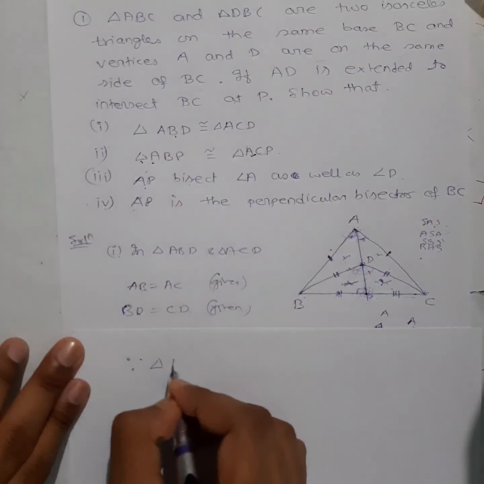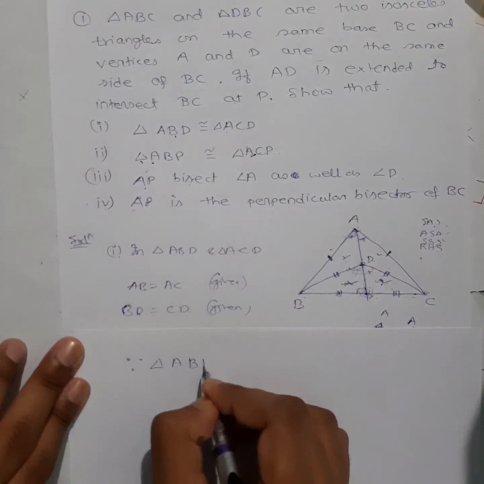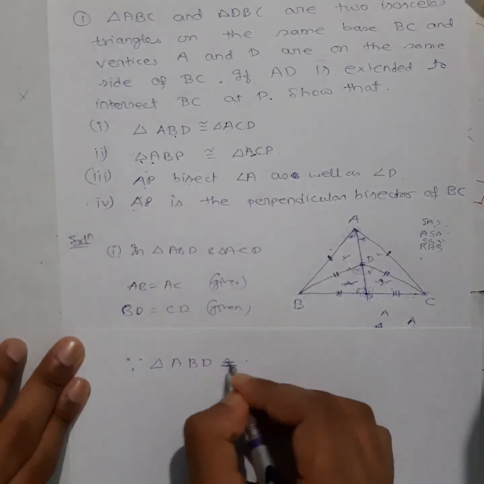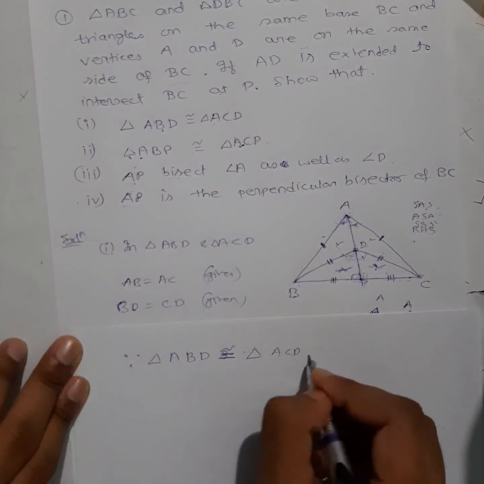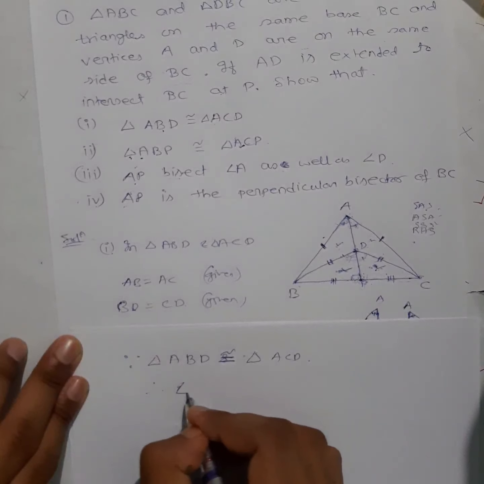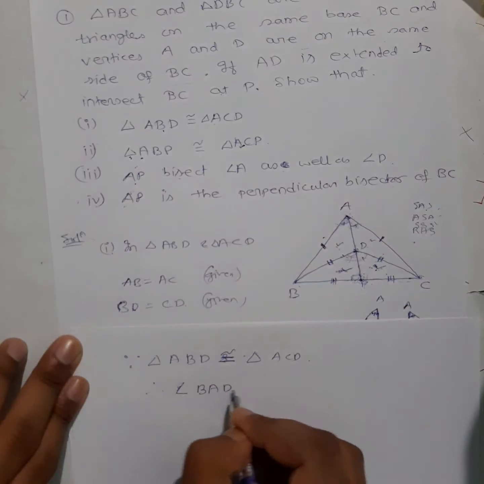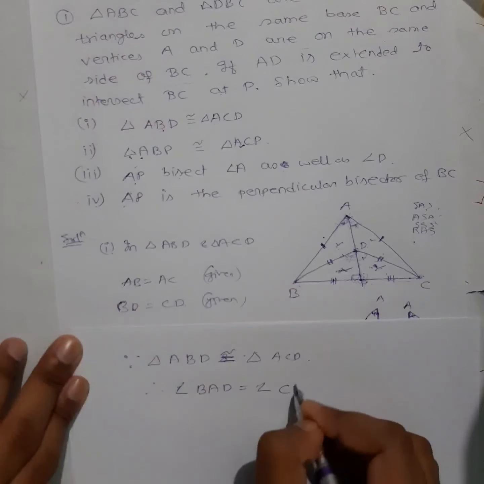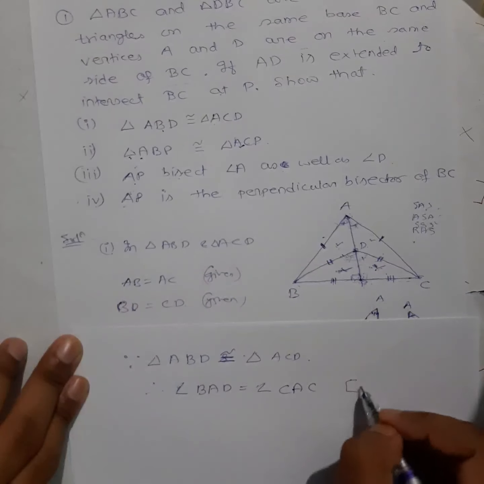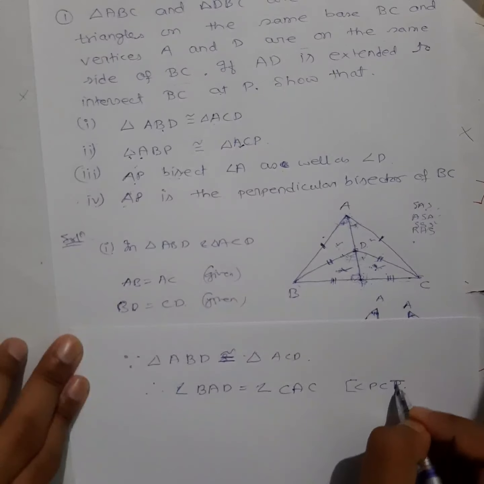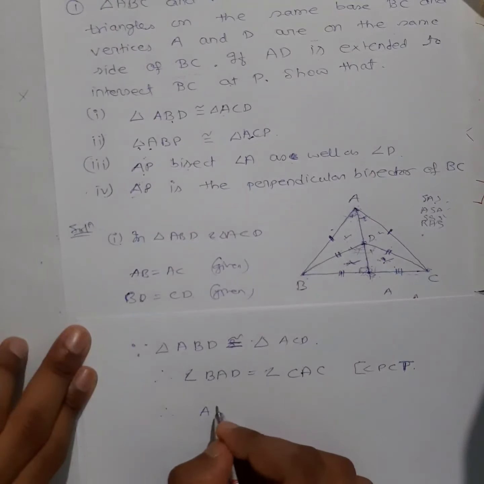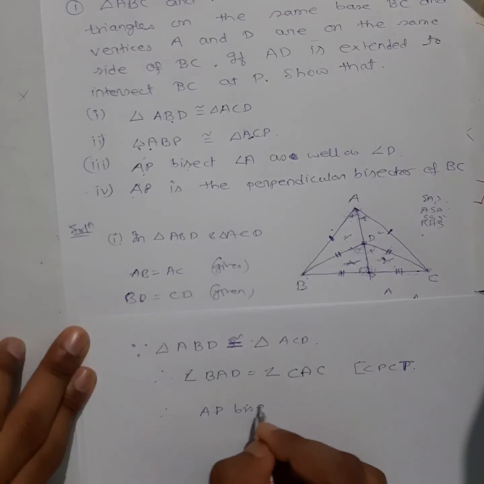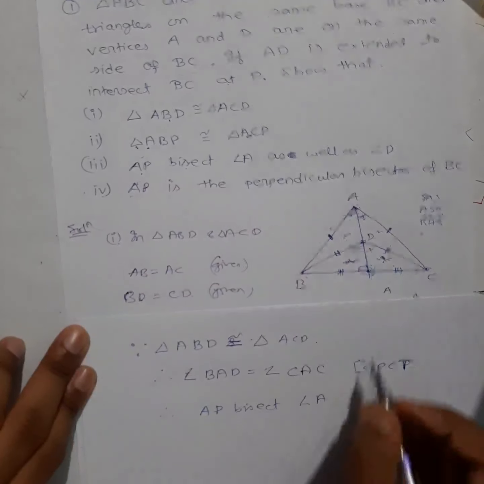Since triangle ABD is congruent to triangle ACD, therefore angle BAD is equal to angle CAD, CPCT, corresponding parts of congruent triangles, right? These two angles are equal, therefore AP bisects, can I say, angle A from here.